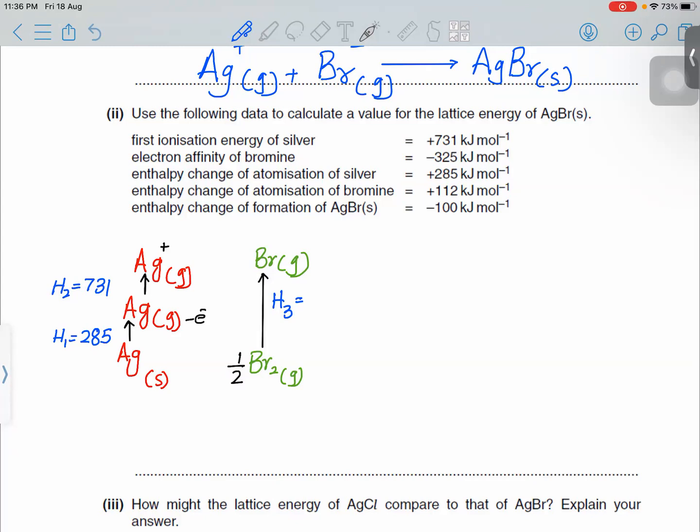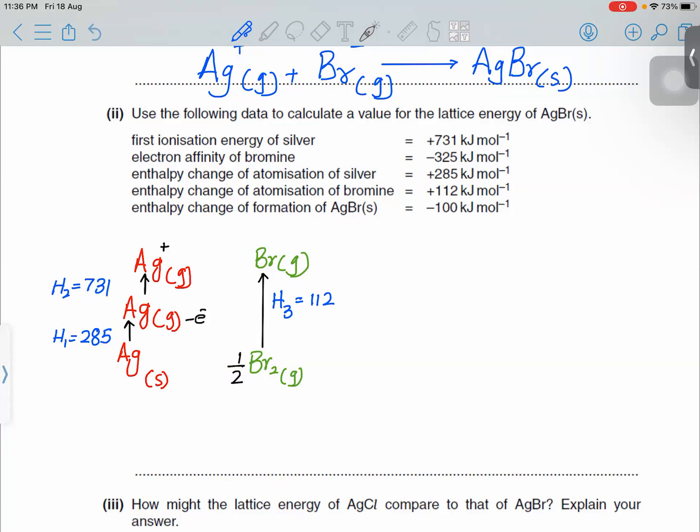Atomization of bromine. So atomization of bromine is 112. But 112 is the atomization energy, right? Atomization energy is directly given, so no need to use the formula bond energy divided by 2 multiplied by number.